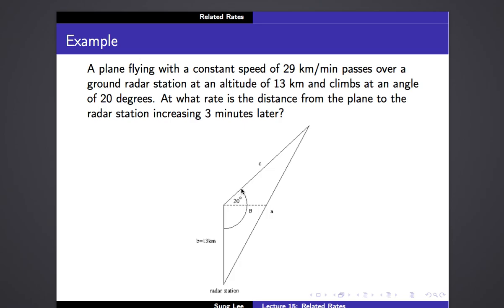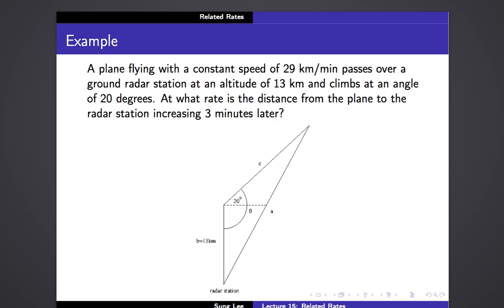In this triangle, the angle opposite to side A is denoted by theta. Theta is easily calculated from the 20 degrees. Because here we see a right angle, theta is 90 degrees plus 20 degrees, which is 110 degrees.